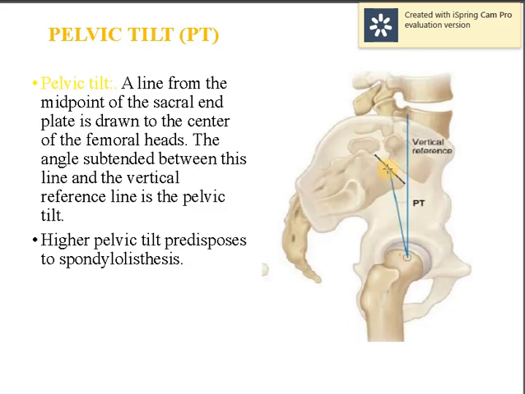This is the midpoint of the sacral end plate drawn to the center of the femoral head. So this angle is between this line and the vertical reference line, and that is the pelvic tilt. The higher the pelvic tilt, the more it predisposes to spondylolisthesis.